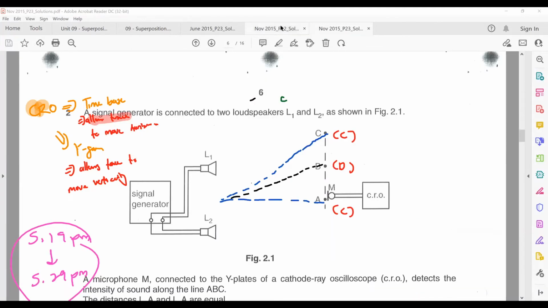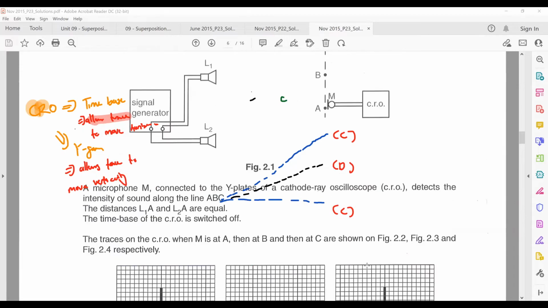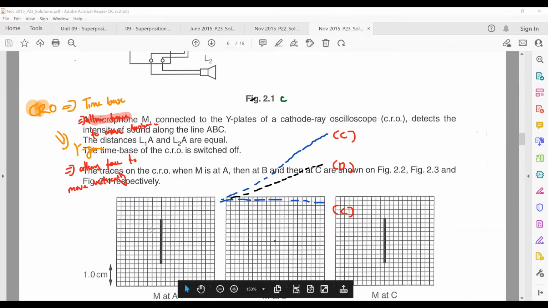Okay. So the question asks you, using principle of superposition, to explain the trace that you see at the points A, B, and C here. The CRO screen, as I mentioned, has the time-base setting switched off. That means your trace is unable to move horizontally. If your trace was able to move horizontally, it would look something similar to this.